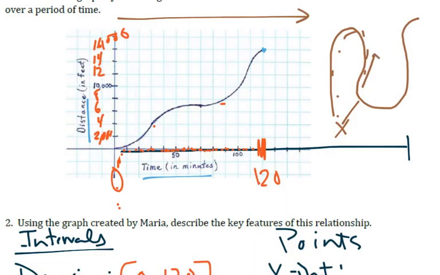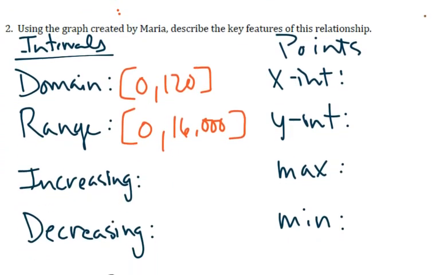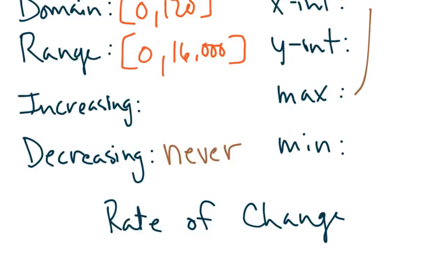So notice with our graph from here up, it kind of levels off right here, but because we're talking about distance, we know that it's not going to go back down, just the way the graph was written. So decreasing, it's never decreasing. Mathematically the way you write it is you call it the empty set, basically brackets or parentheses with nothing in, called an empty set.